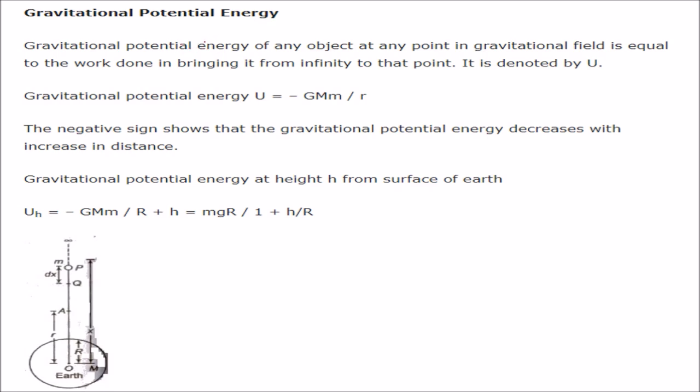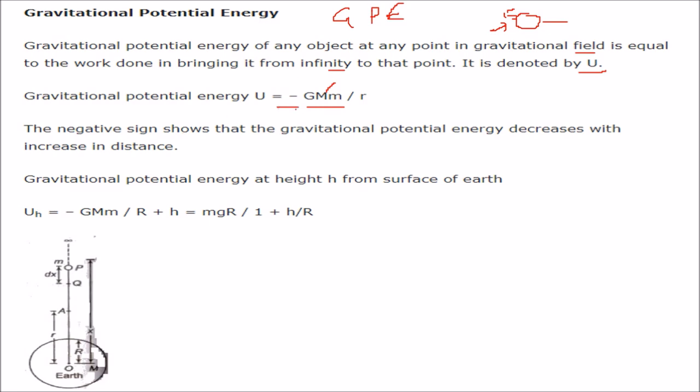The gravitational potential energy of any object at any point in the gravitational field, because every body has some gravitational pull, say again we take the example of Earth, is equal to the work done in bringing it from infinity to that point, and this is denoted by U. This gravitational potential energy is given by minus G into capital M small m by r. This capital M in this case is Earth, and small m is the body's mass.